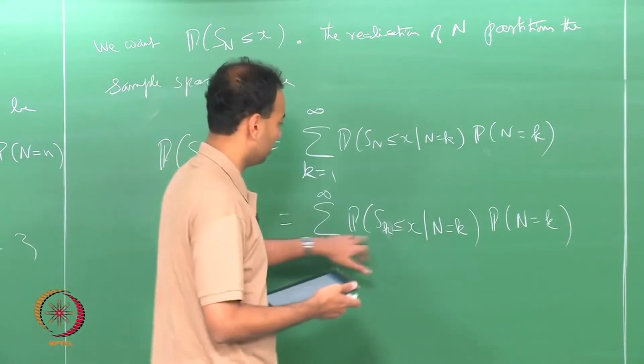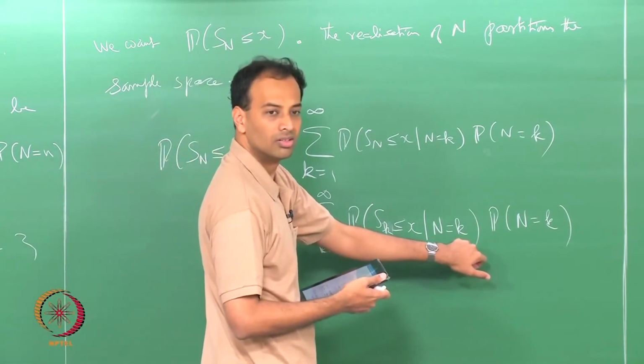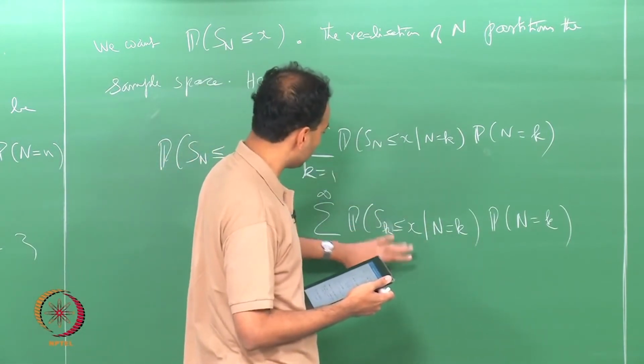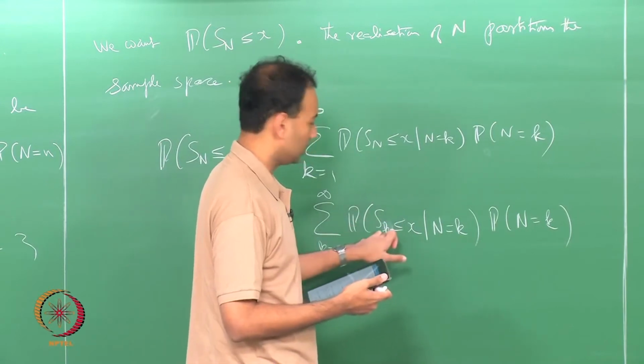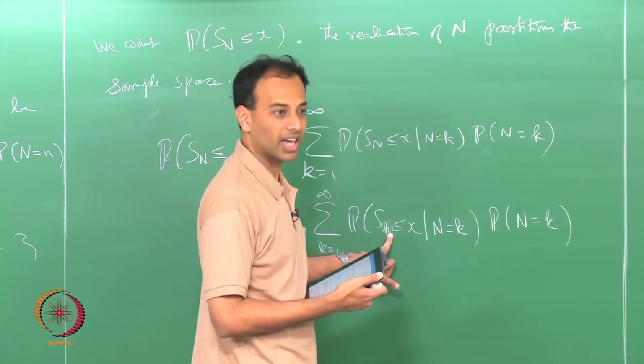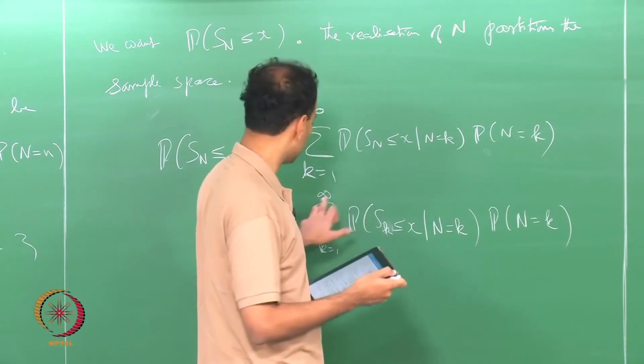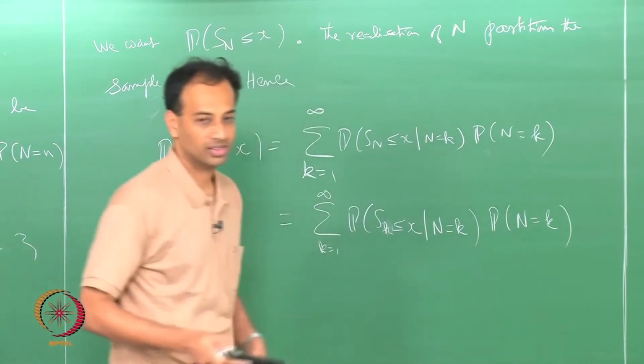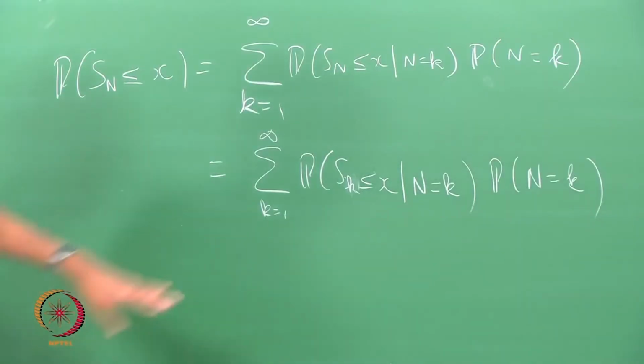Now, do we know that? The nice thing between this and this is that I am now down to a deterministic number of terms, it is k, small k, and the summation outside is over k. Okay. So, can I deal with this now?